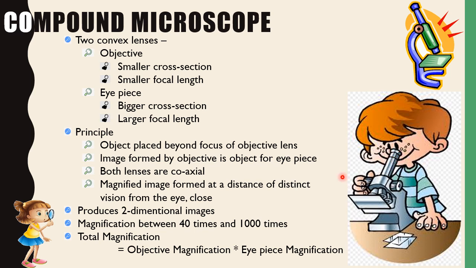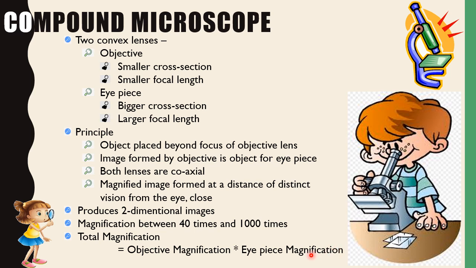and we get a two-dimensional image. What is the magnification that we get? It lies between 40 times and 1000 times of the specimen that is placed to view. So, the total magnification will be equal to the product of the objective magnification and the eyepiece magnification.